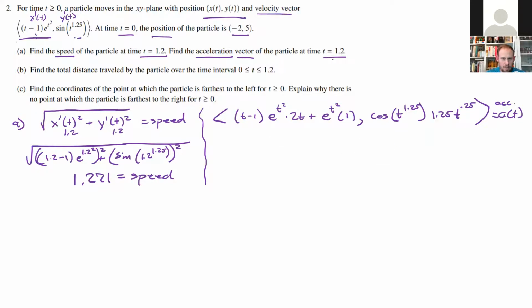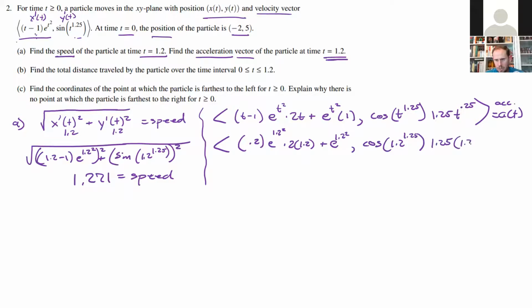All right, and then we want to plug in 1.2. So we're going to get, let's see, 0.2 e to the 1.2 squared times 2 times 1.2 plus e to the 1.2 squared times 1. Cosine of 1.2 to the 1.25.